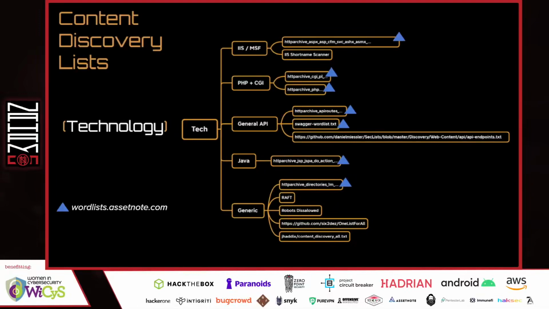And then you have some newer stuff. So the One List for All is a generic content discovery list made by six2dex, who also makes Recon for the Win, which I'm a big fan of.